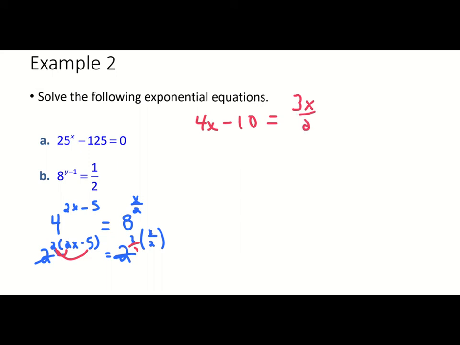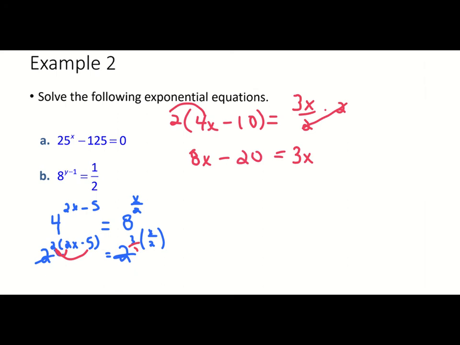All right, so to get rid of our fraction first, I think that's what we want to do. So I'm going to multiply everything by 2, because that'll cancel out the 2's there. So now I have 3x equals, and it's going to become 8x minus 20.